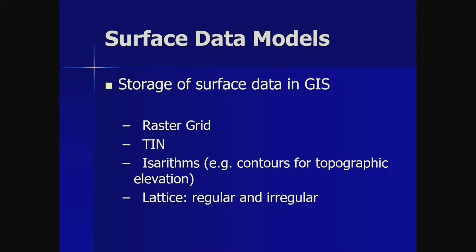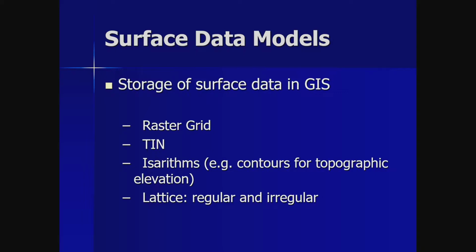But in general, let's say the contours represented temperature or precipitation, then we wouldn't call them contours. There's actually specific terms for all these different types of lines. Okay. There are other formats that we could store our data in. One is referred to as a lattice. Okay, but we're mainly going to focus on a raster grid.